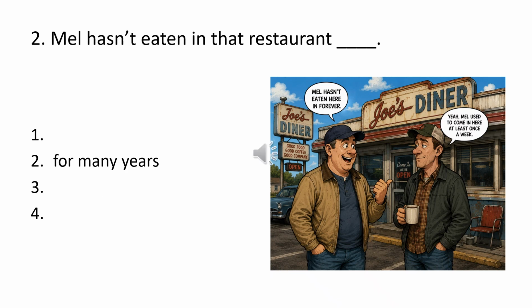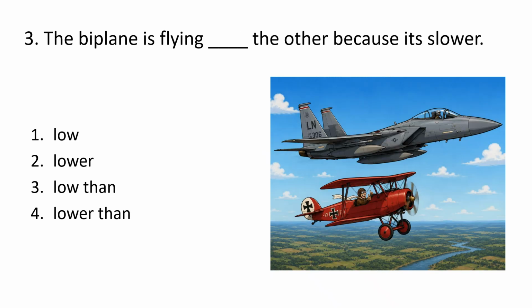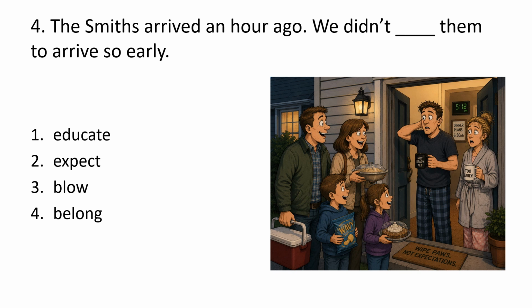Mel hasn't eaten in that restaurant for many years. The biplane is flying lower than the other because it's slower. The Smiths arrived an hour ago. We didn't expect them to arrive so early.